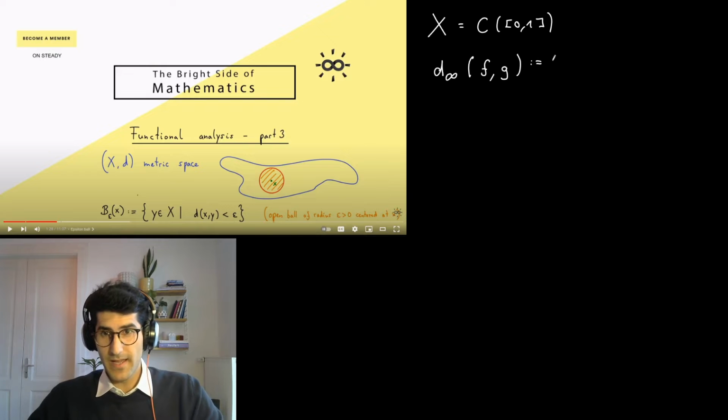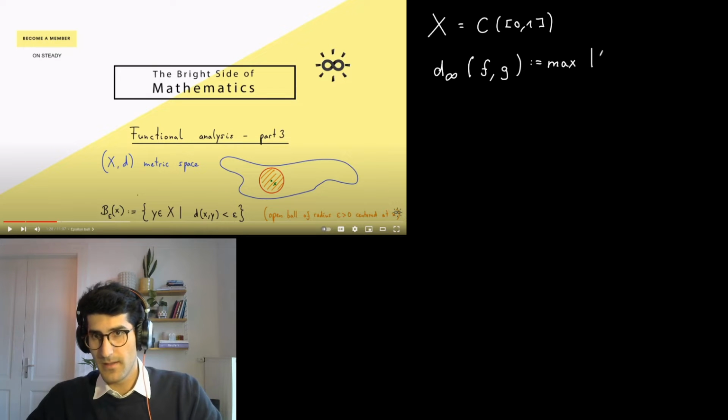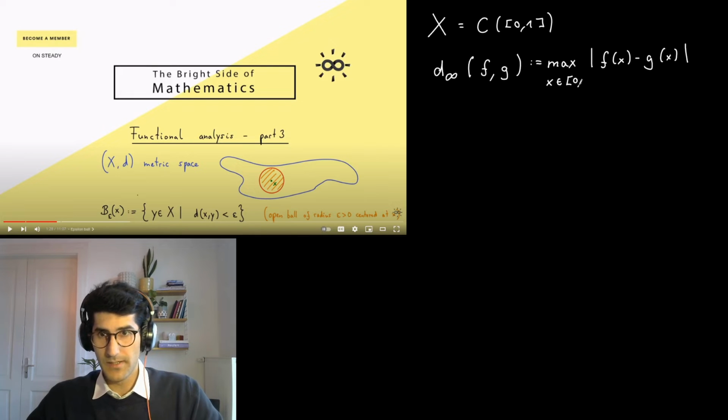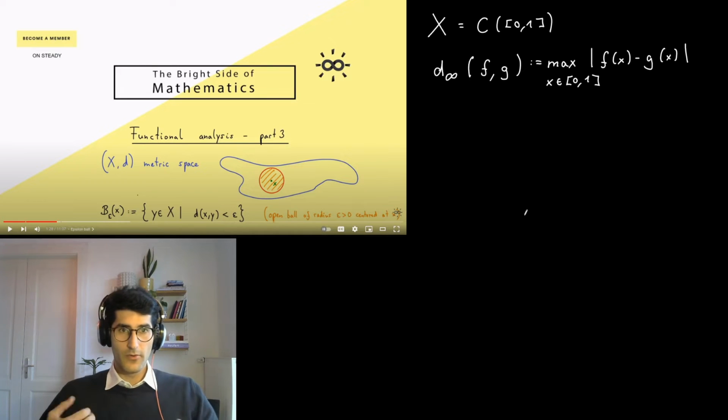This metric is defined for a pair of functions f and g to be the maximal distance of absolute values of the difference of f and g, evaluated at x, where x, of course, is an element from the closed unit interval.